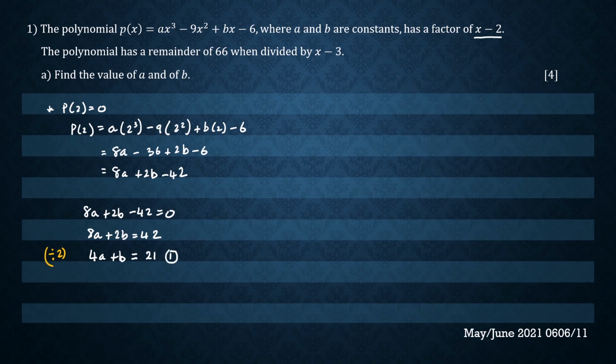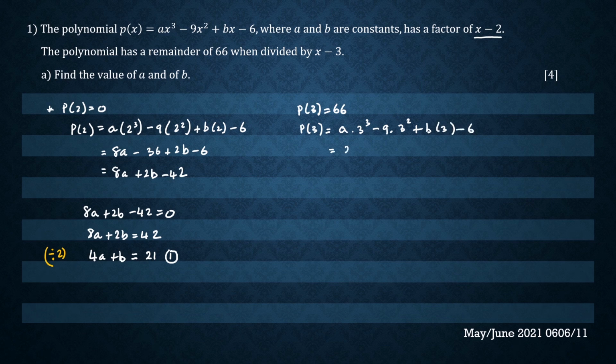From the remainder theorem, we stated that P(3) equals 66. So let's substitute 3 into our equation. We'll have P(3) equals a times 3 cubed minus 9 times 3 squared plus b times 3 minus 6.